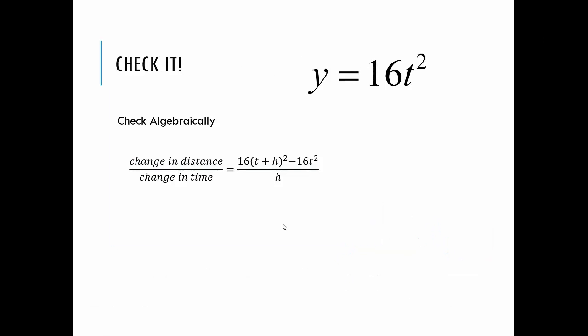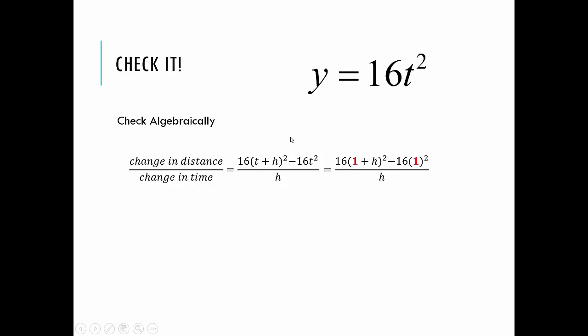Let's check this algebraically, meaning let's use our change in distance over our change in time. Our equation is 16t squared. Remember, this is our f of x plus h minus f of x. So I plug in my equation, and where I see my variable, I put my variable plus h, and then where I see my variable, I put my variable.